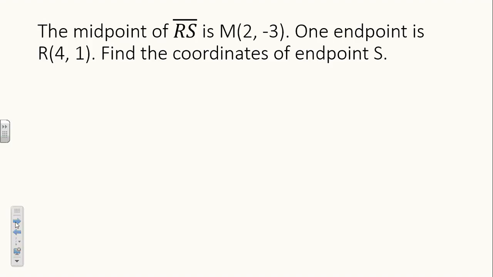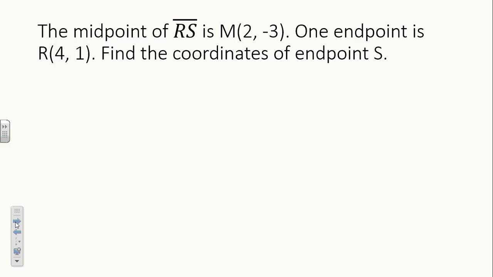Okay. Then this is where it gets a little fun. Because now they want you to work backwards. They've given us one endpoint, and they've given us a midpoint, and they want to know what's the other endpoint. Okay, so let me sketch this so you can visualize what's going on.